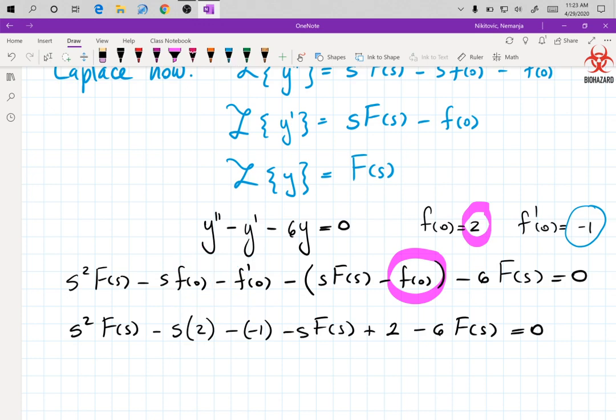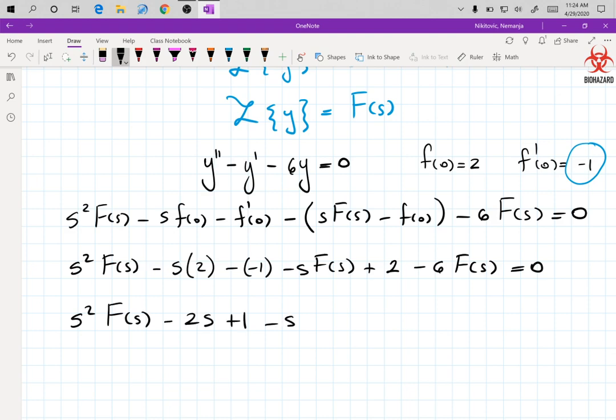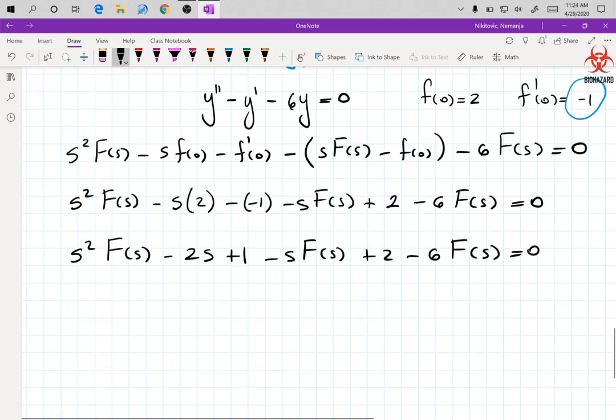So all I did is plug in these values. This gives us a basic algebraic equation, as you can see, that we can solve for the unknown F of s. So now clean this up a little bit more. S squared F of s minus 2s plus 1 minus s F of s plus 2 minus 6 F of s equals 0. So now let's put all of the F's in front.